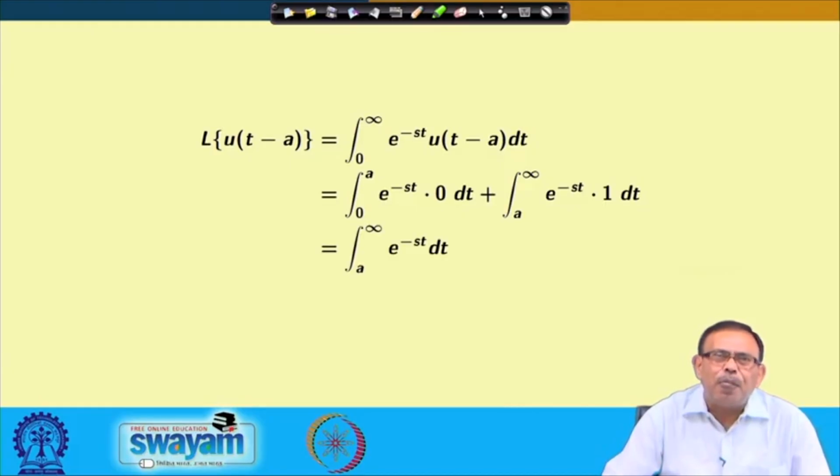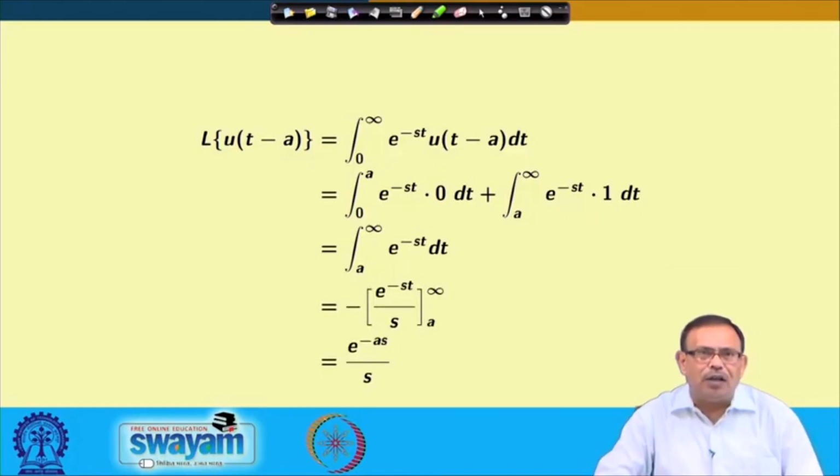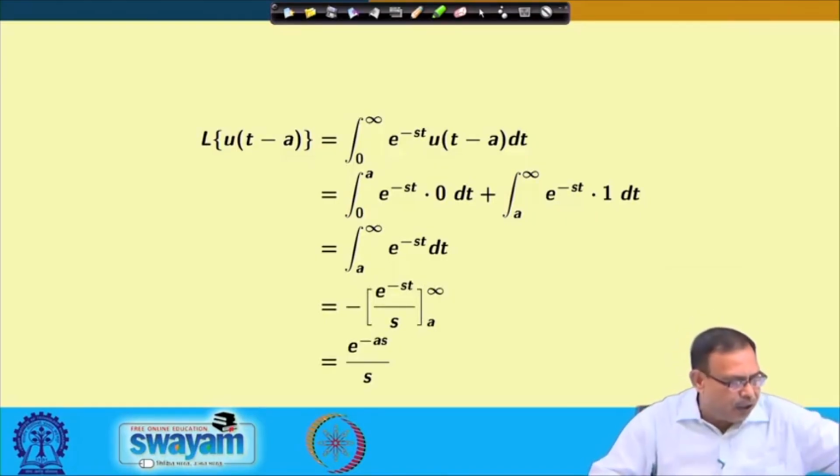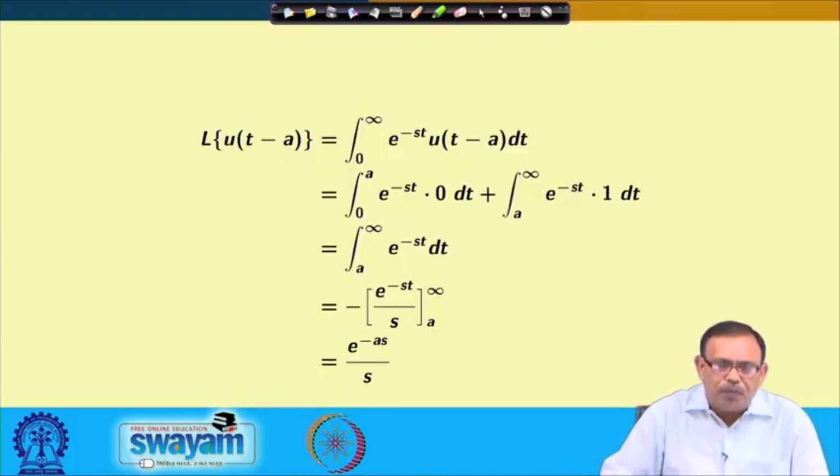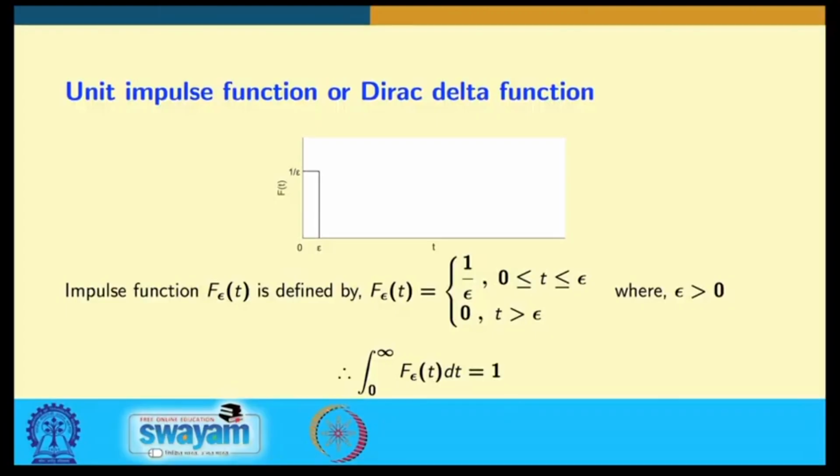So it is simpler, and if I evaluate this, I will obtain the result as e power minus as by s. Please note that the Laplace transform of the unit step function is e power minus as by s.